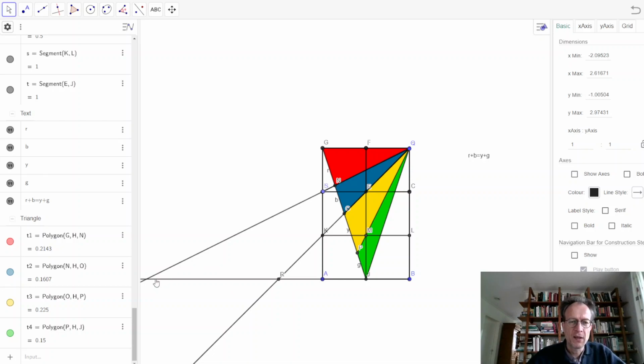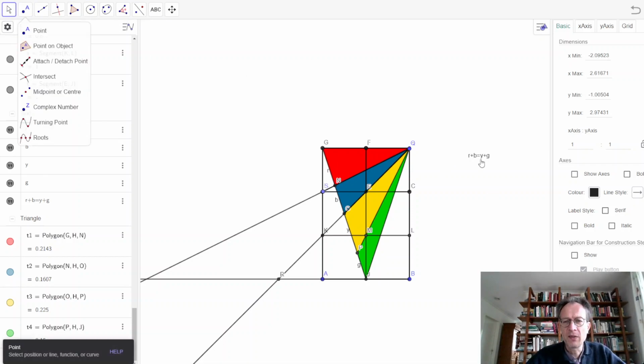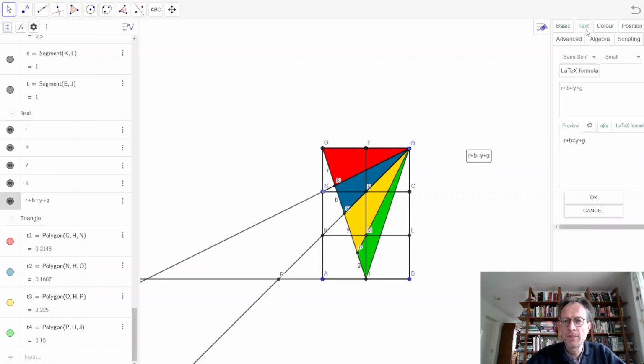So the base is 5. So you know, and I'll put it over here, that the red is 2/5 of blue plus yellow plus green. We have just established that from the proportion of those two similar triangles. So that's the second equation we know.